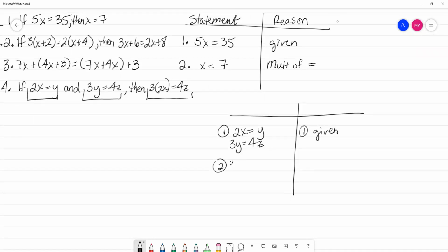I don't know why you would, but whatever, it works. 2x, and then the 4z doesn't change. And the reason you can do that is substitution. But you have to state them as facts first, and then use those facts to solve a problem. And substitution allows you to do that.